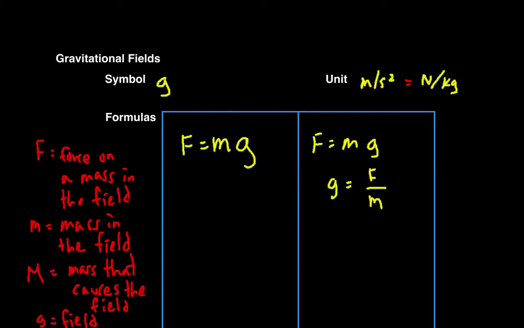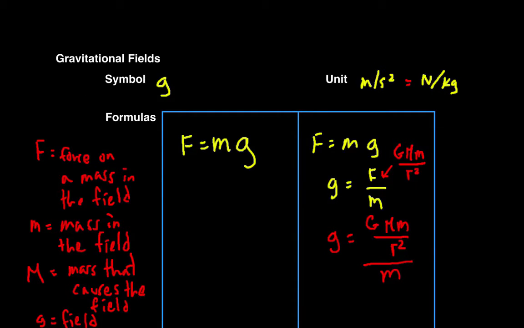And we recall Newton's law of universal gravitation tells us that F equals G, the mass that causes the field, times the mass in the field, divided by the distance between them squared. This rewrites to be g equals GMm over r squared, divided by m.